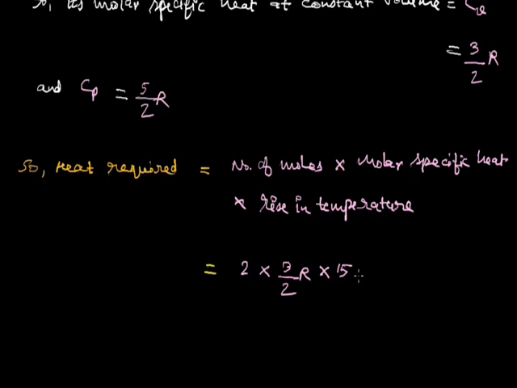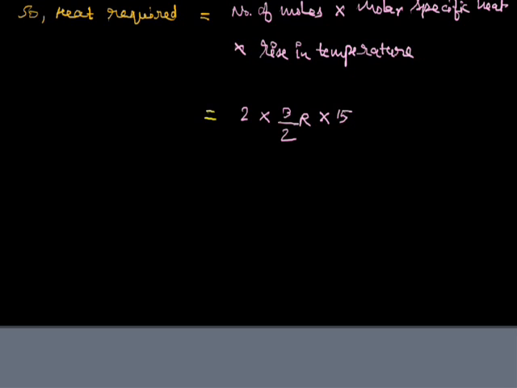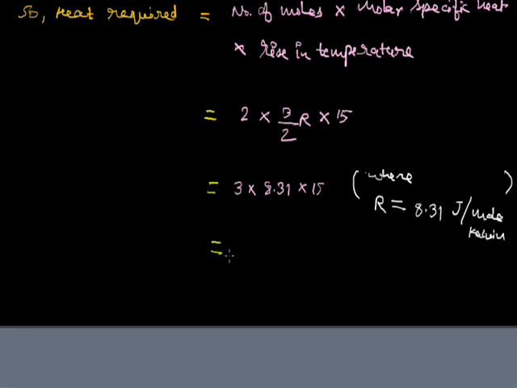So it is the same increment in degree centigrade or Kelvin. Finally, putting the value of constant R, we can write 3 multiplied by 8.31 multiplied by 15, where R is equal to 8.31 joule per mole Kelvin.